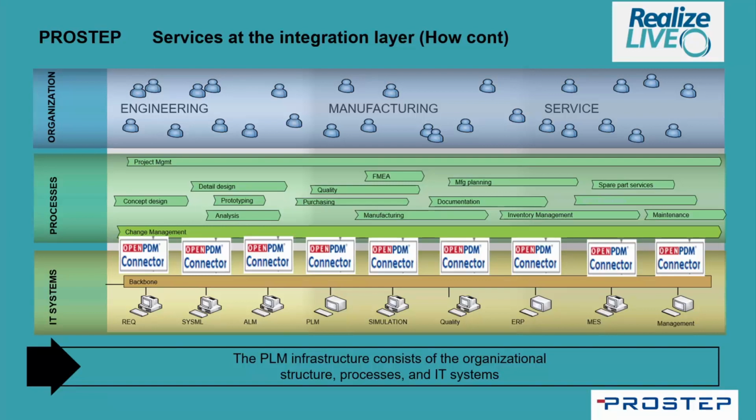An example of that is an EBOM may require your PLM system for your design and your structure, but all your costing information, your units of measure may be coming from your ERP system, as an example.